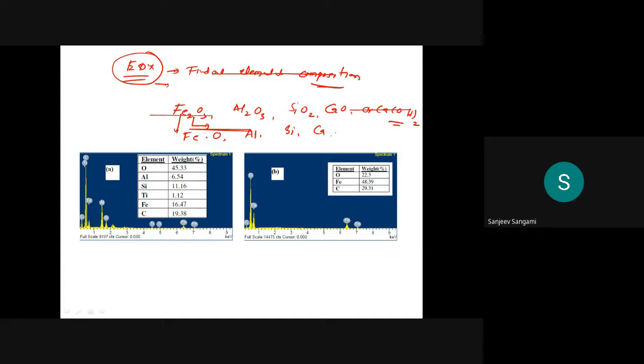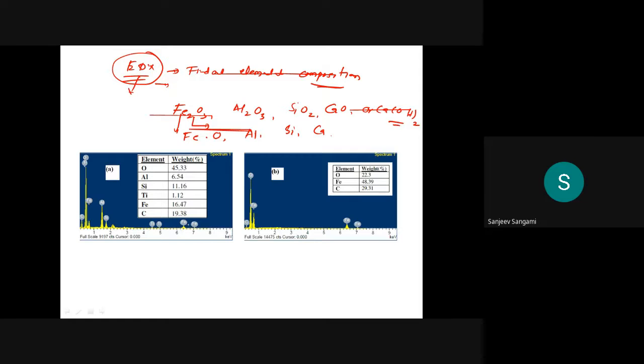If I want to find that out, I have to go for the EDAX analysis. In this you can see the peaks you will get like this. Carbon is there, Fe is there, Ti is there, oxygen is there, Al is there, Si is there. A small Ti peak will be there, Fe is there.